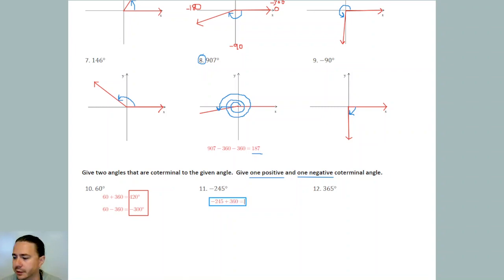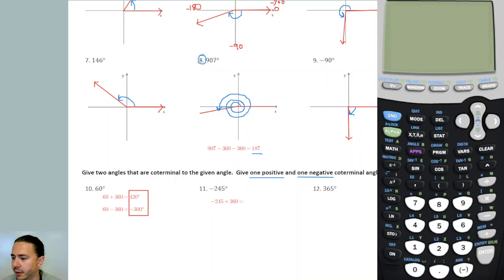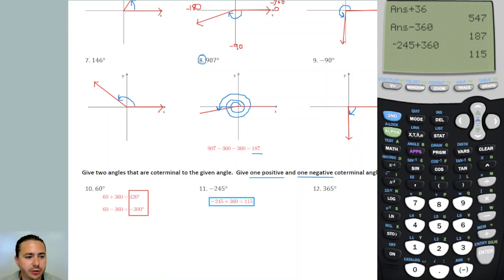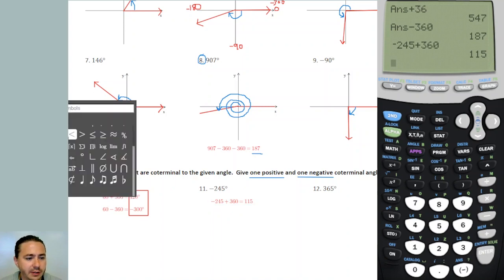I think I'm going to break down and actually use the calculator, just to make sure I'm getting the right number. So negative 245 plus 360 gives me 115. Okay, so 115 degrees is going to be a coterminal angle that's positive.